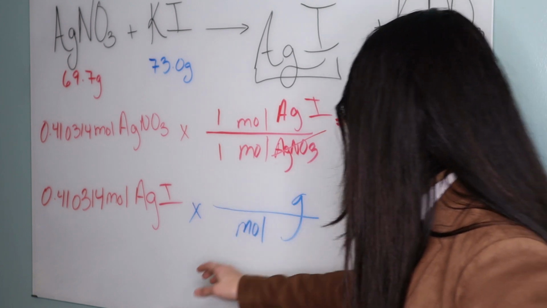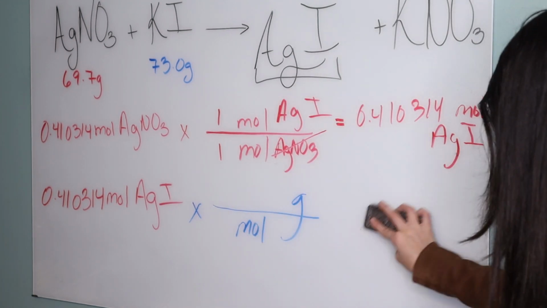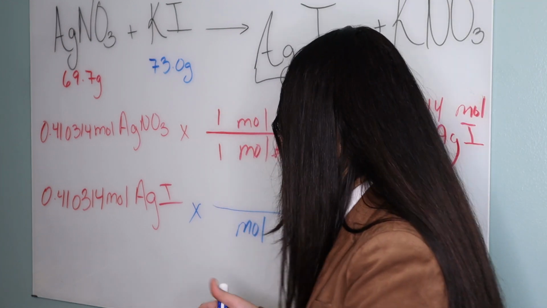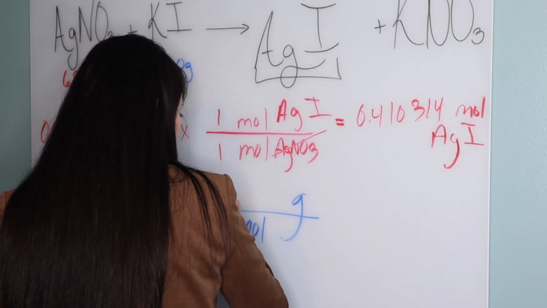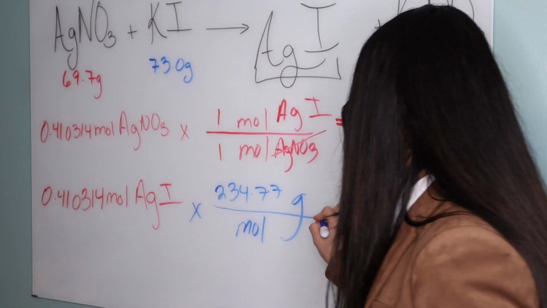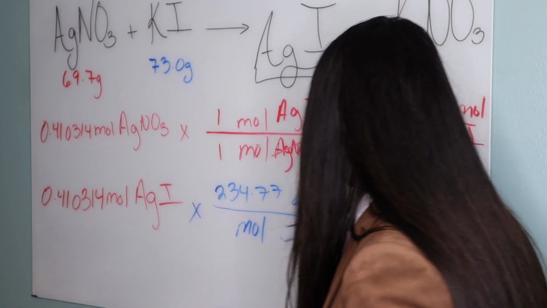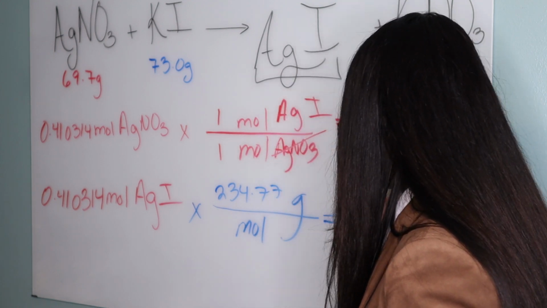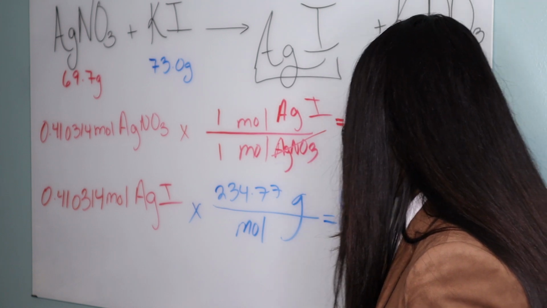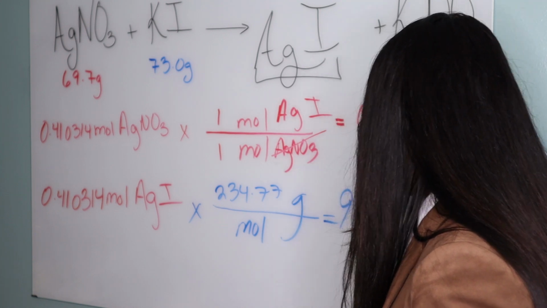We can simply go ahead and multiply it. So I'm going to write that down, 234.77 grams over mole. If you multiply that, you can use your calculator, your final answer is 96.3294 grams of silver iodide.